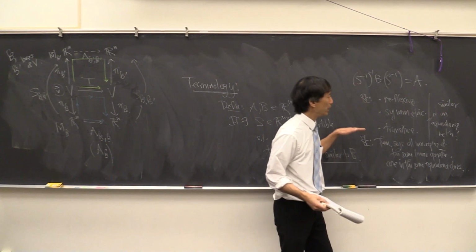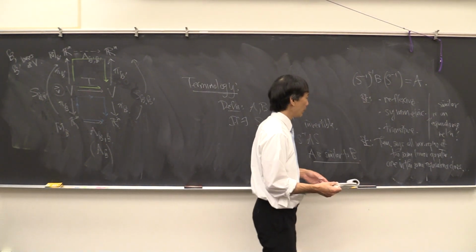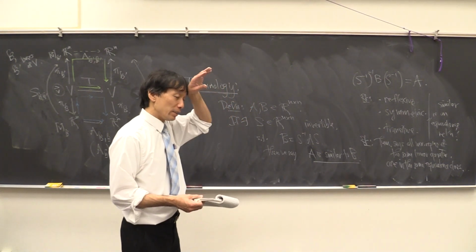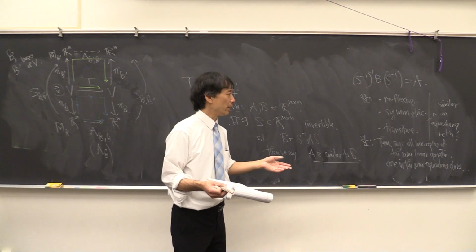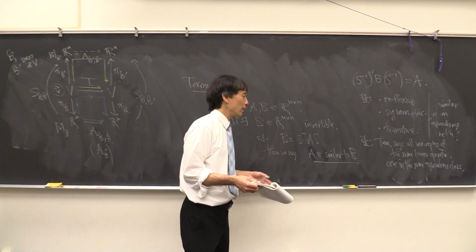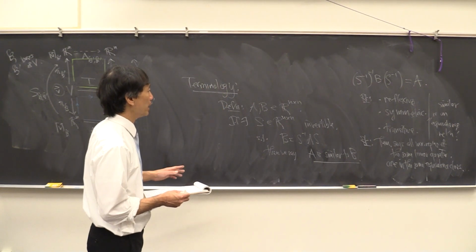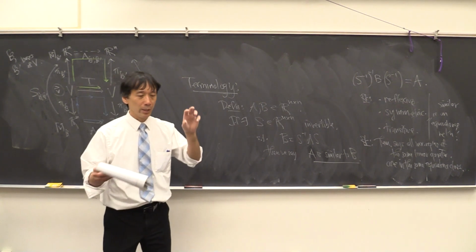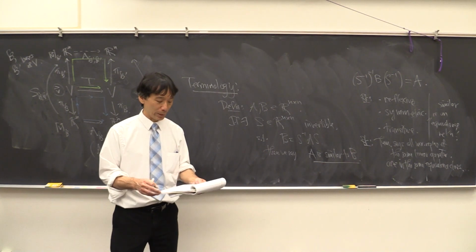In other words, they're all similar to each other. And it's also true that if you have matrices that are similar to each other, then they are representations of the same linear operator. You can show a converse to that. So basically every linear operator is associated with an equivalence class of matrices.